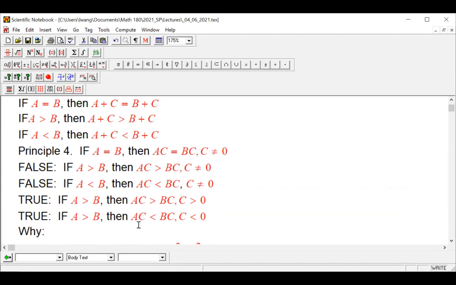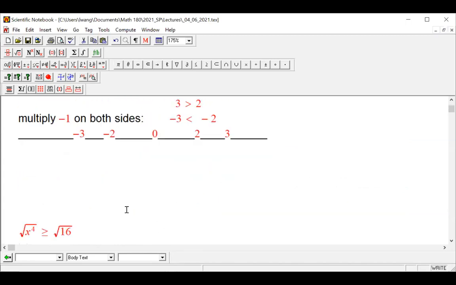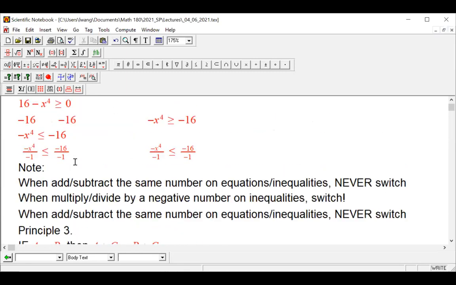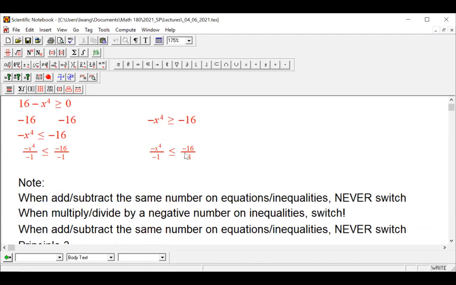So now let's continue. Okay, what he should have gotten at the end of all these operations should be x to the power 4 less than or equal to 16.